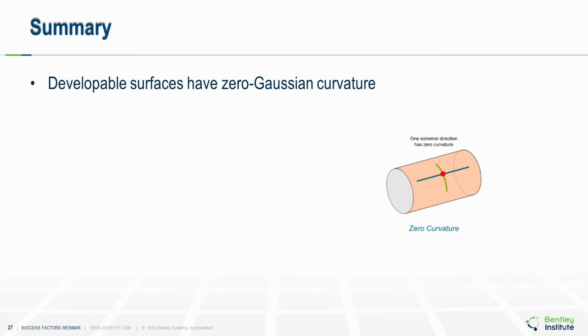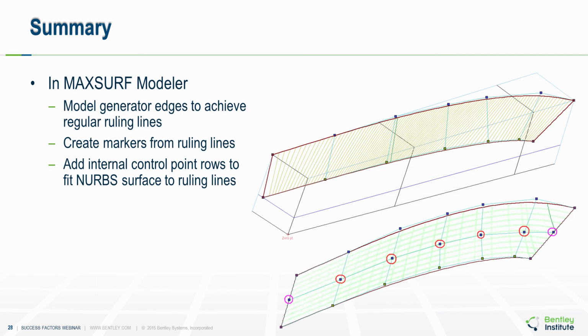So just to summarise some of the key points of this talk. First of all, developable surfaces have zero Gaussian curvature everywhere. And in MAXSURF Modeler, developable surfaces can be modelled first by defining the generator edges and making the ruling lines quite regular along those generator edges.